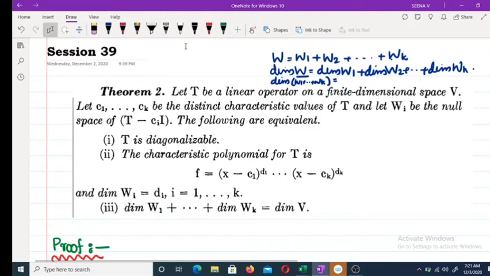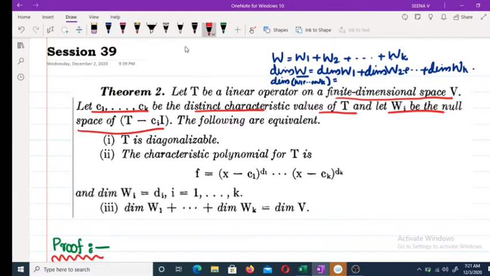What is our theorem? Let T be a linear operator on a finite dimensional space V, same as in our lemma. Let C1, C2, etc., Ck be distinct characteristic values of T, and let Wi be the null space of T minus Ci I. Actually, what is the null space of T minus Ci I?